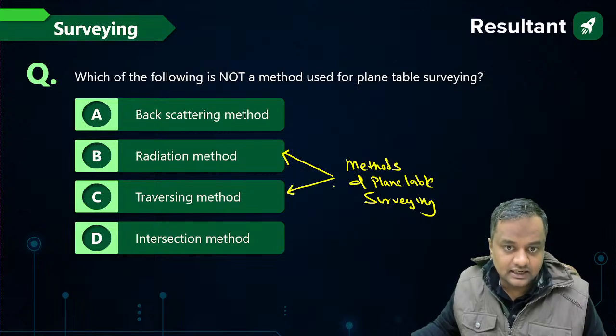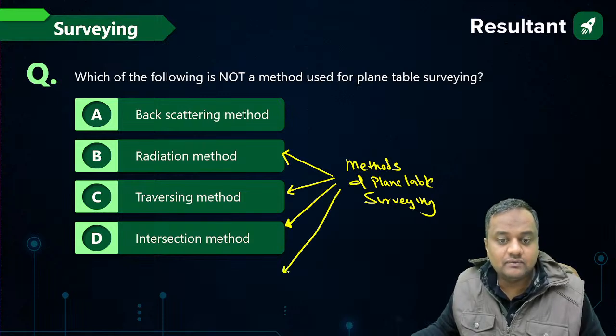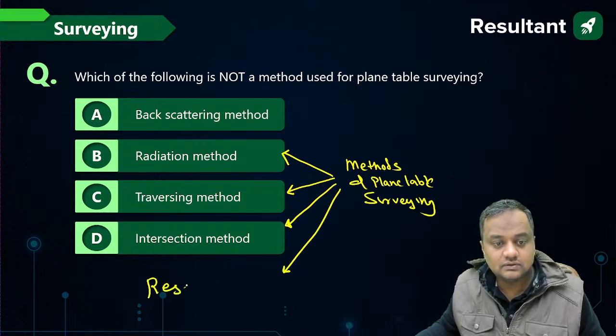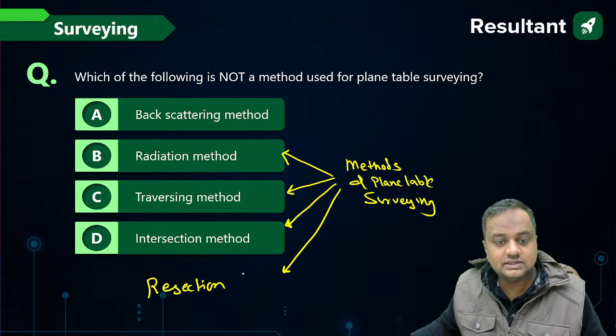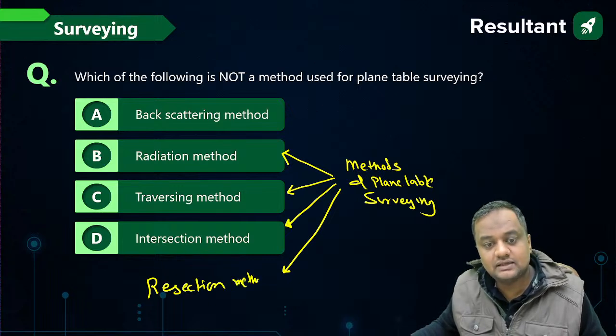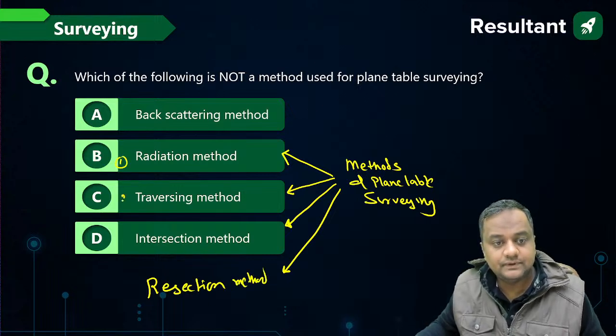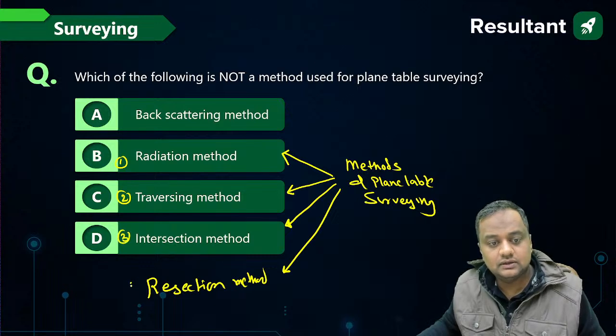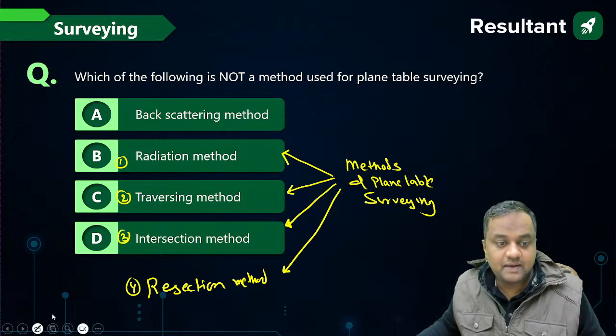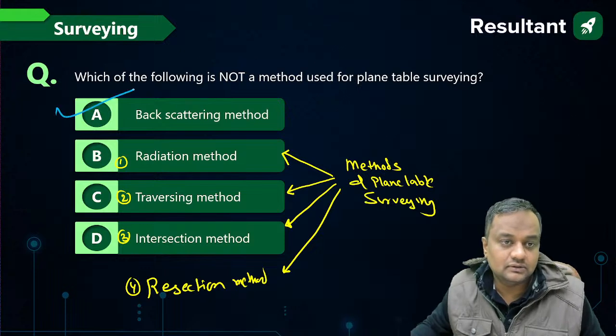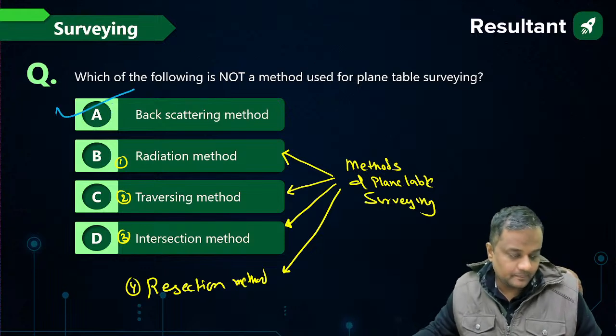Traversing. Intersection method, especially when there is a river in between. And one more is resection. These four are the methods of plane table. Backscattering is not a method. A will be the answer.